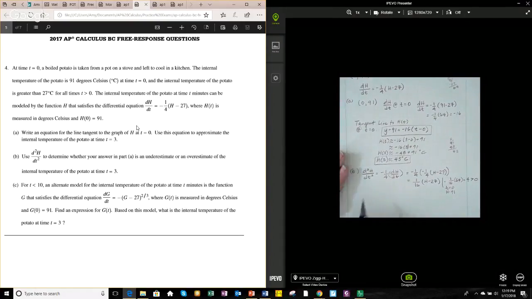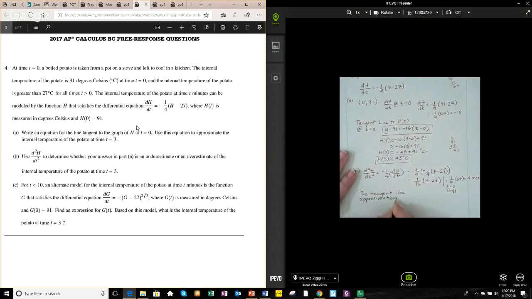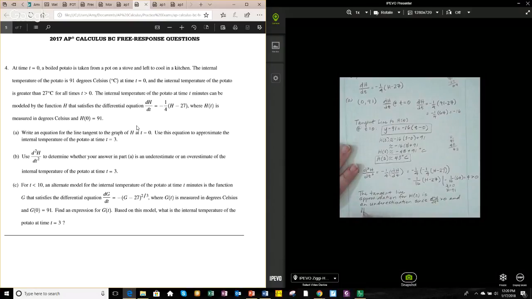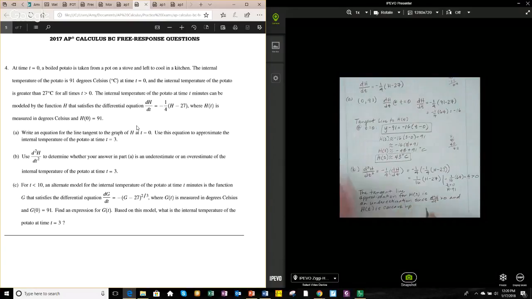So I can say that the tangent line approximation for h of 3 is an underestimation since the second derivative is greater than 0 and h of t is concave up.